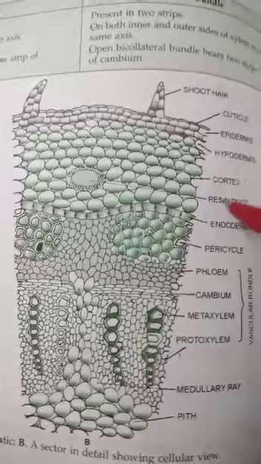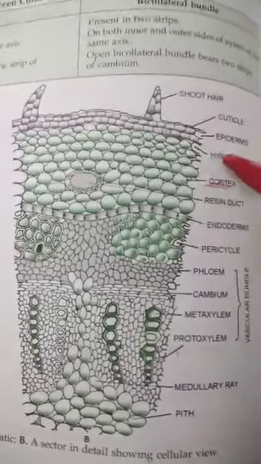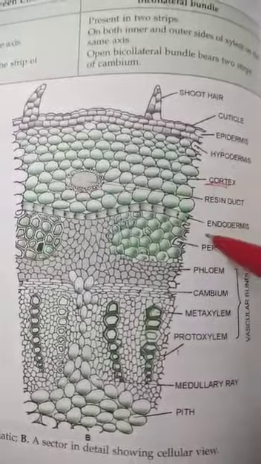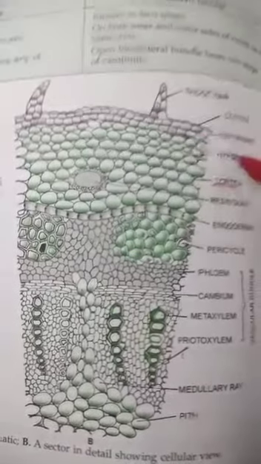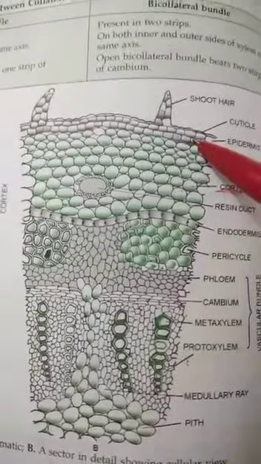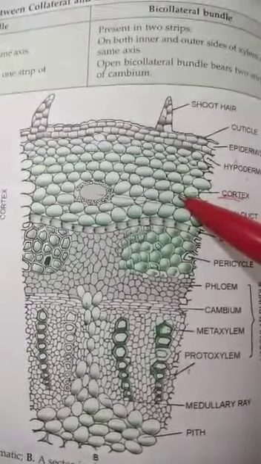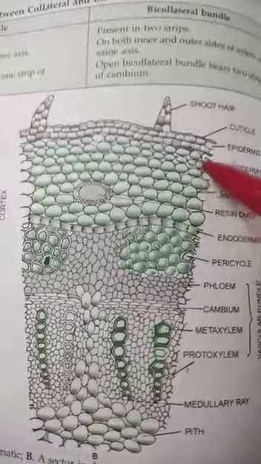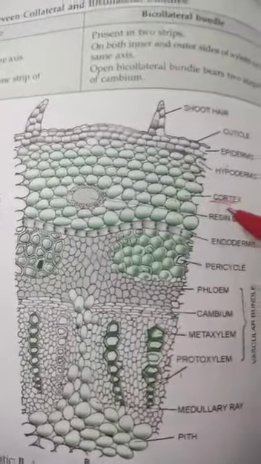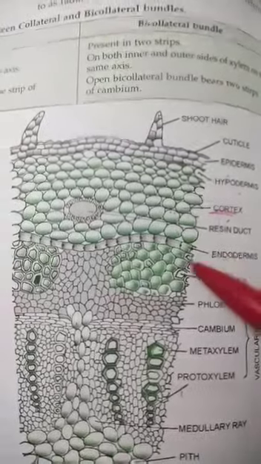In dicot stem the cortex is divided into three parts: hypodermis, the cortical layers, and then the endodermis. Hypodermis is collenchymatous, a few layers thick. Then loosely arranged simple parenchymatous cells make the cortex, or the cortical layers. After that comes the endodermis.